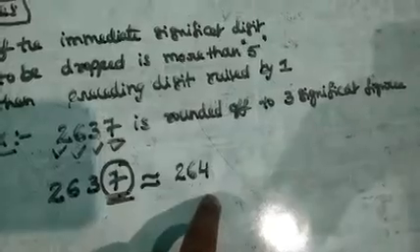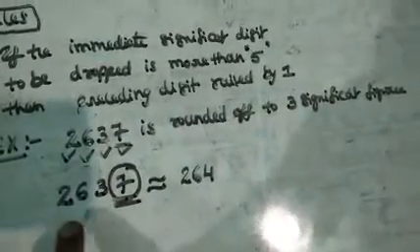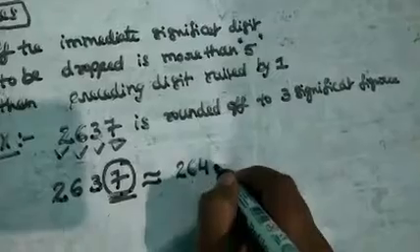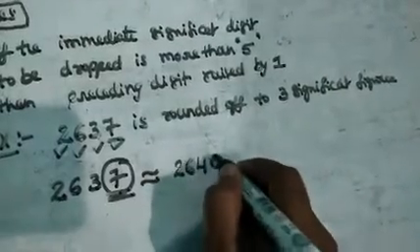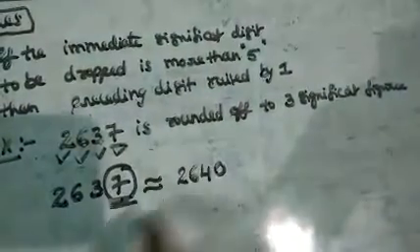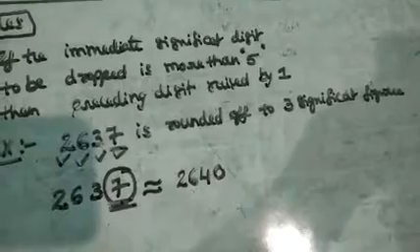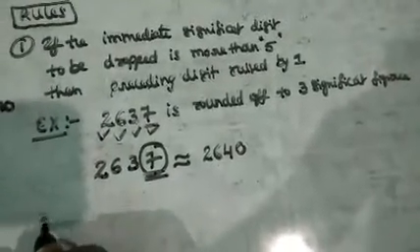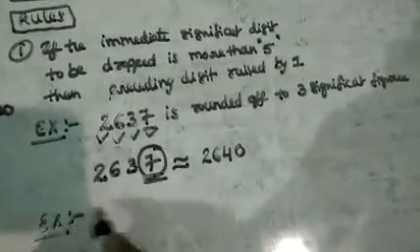Is it possible? Not possible. That means 2637 rupees roughly equal to 2640 rupees. So it may be possible. So 0 must be there. But one more example I will give you. This example every student will do mistake.